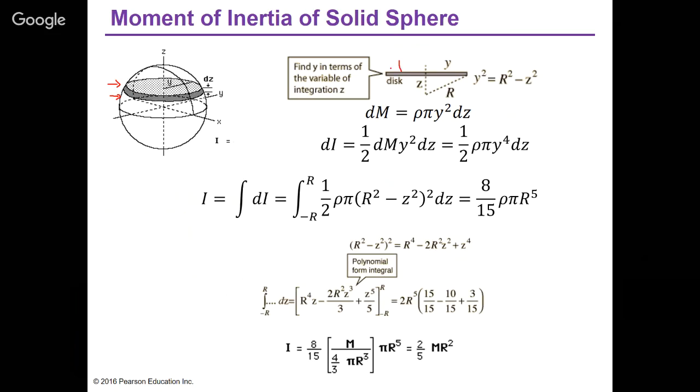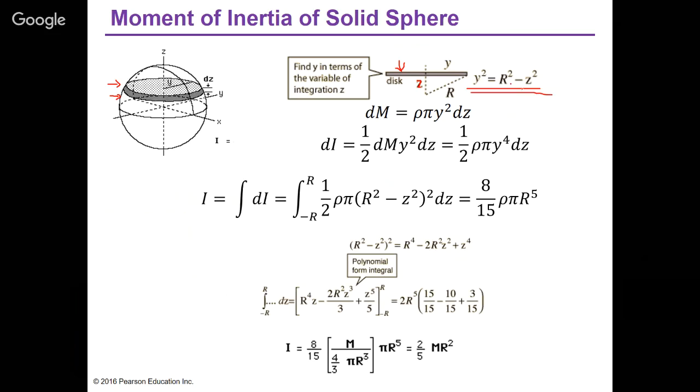For each disk, the radius, which we write as y, is related to z and the outer radius r by this equation.